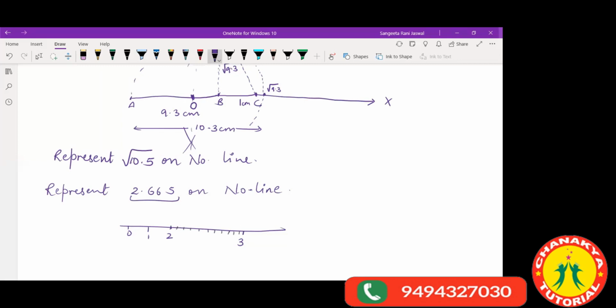This is 2.5, and what I want is 2.6. So 2.6 is here. That means 2.665 lies between 2.6 and 2.7.